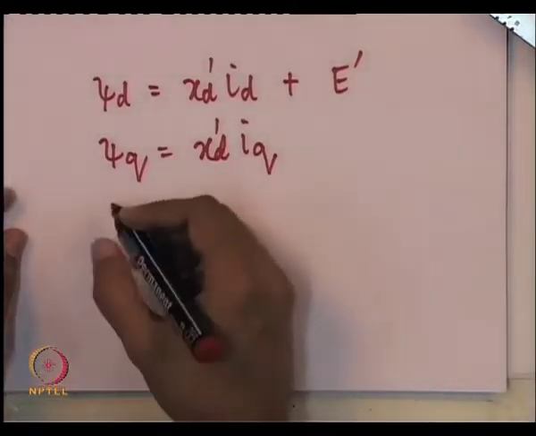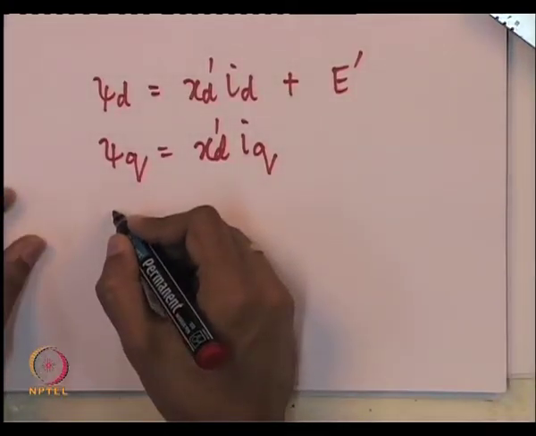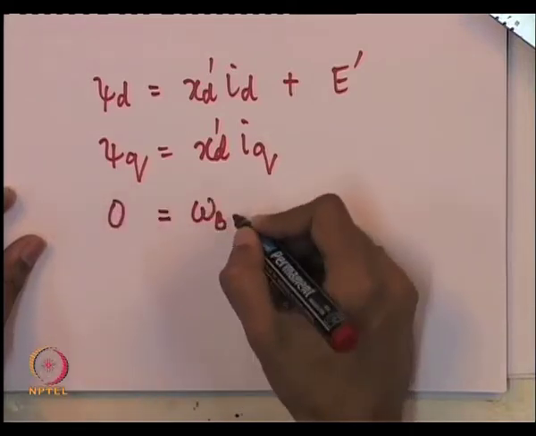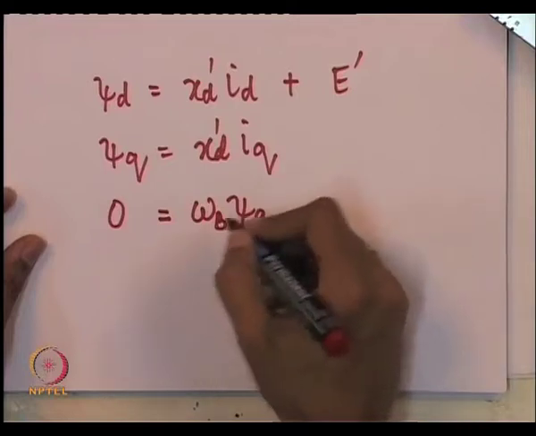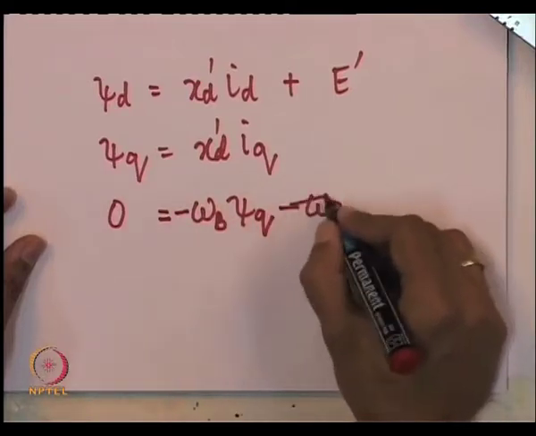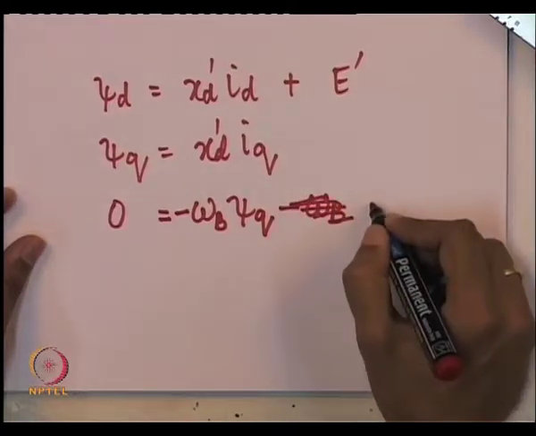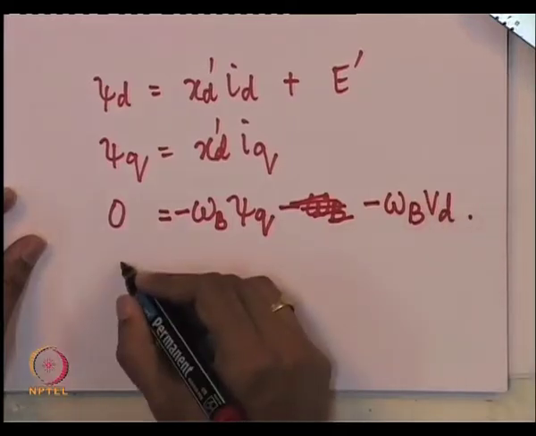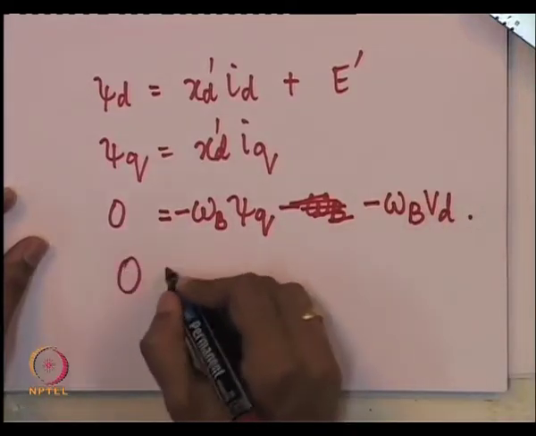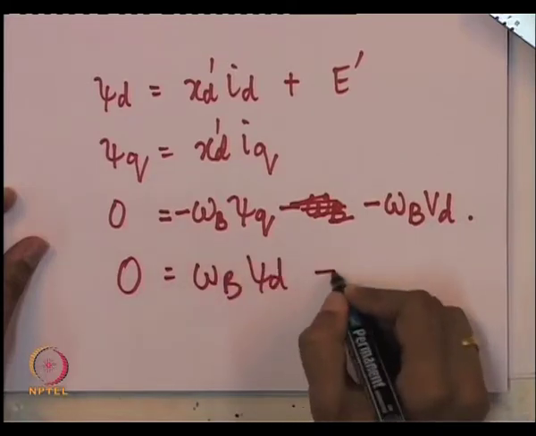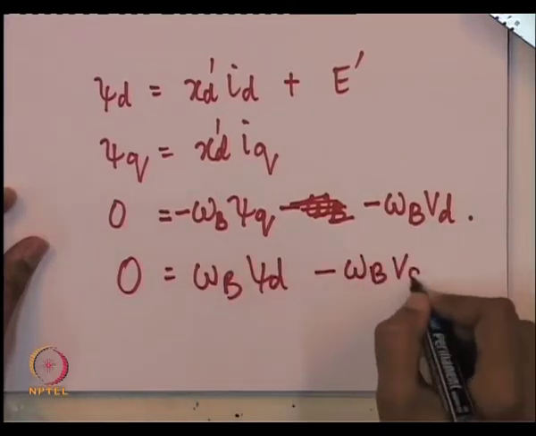We also have 0 is equal to minus omega b v d, and psi q is equal to omega b psi d minus omega b psi q. This is by neglecting d psi d by dt and d psi q by dt terms. We also make R A equal to 0.